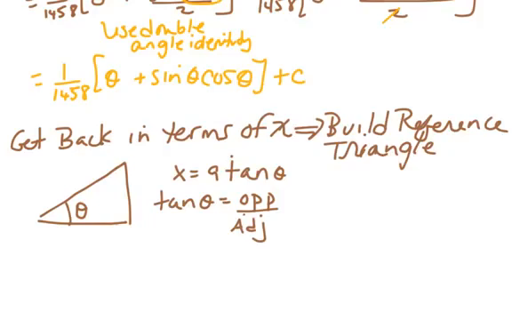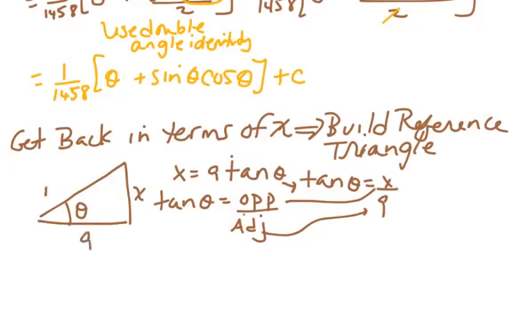So, if this is theta, your opposite is x, right? Because tangent of theta is equal to x over 9. So the opposite is x, and the adjacent is 9.